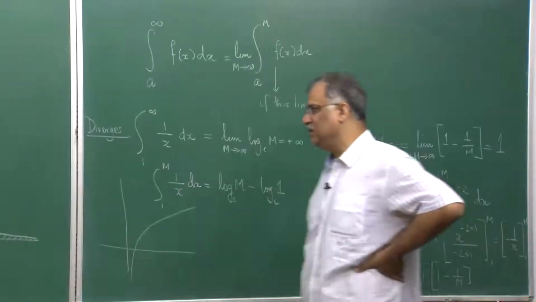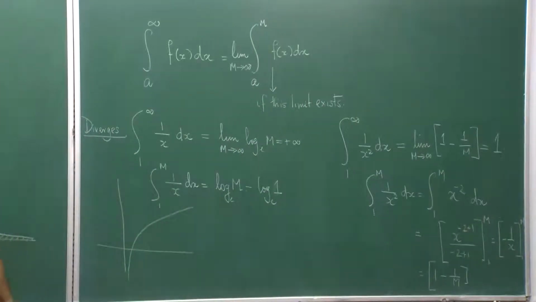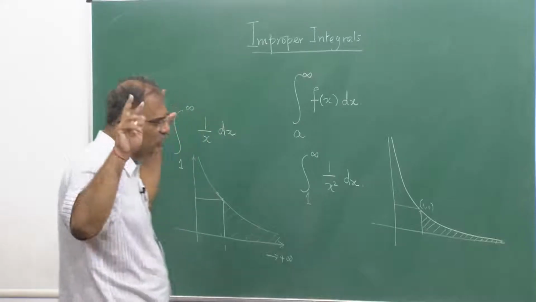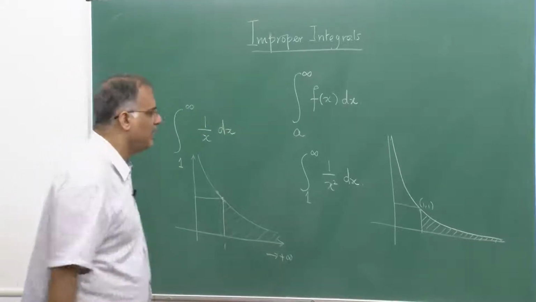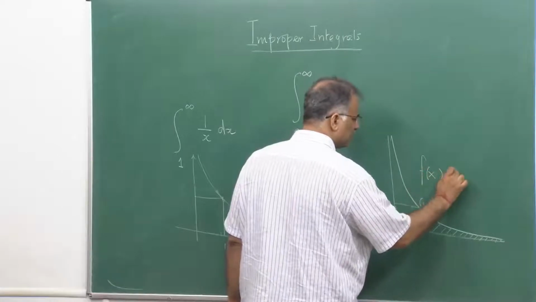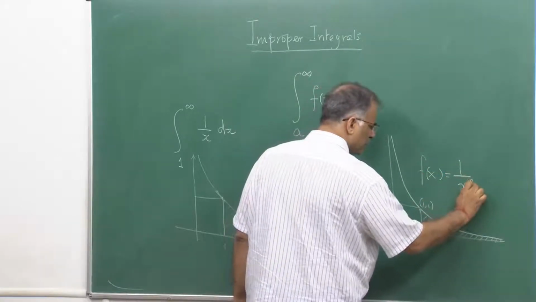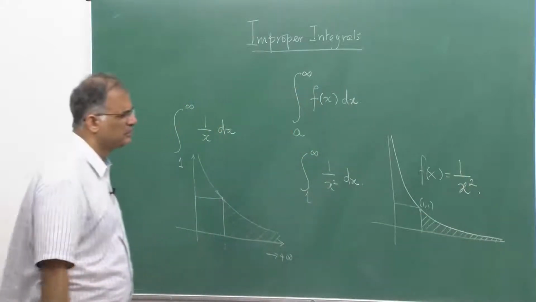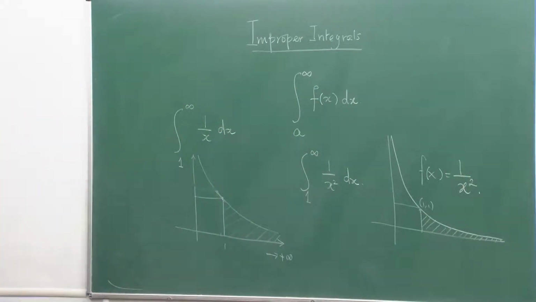So, it is amazing. So, we are essentially telling you that in some limiting sense, in quotes, the area under the curve f(x) equal to 1 by x square actually gives us an area from 1 to infinity.